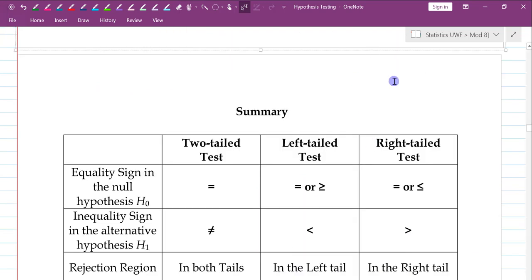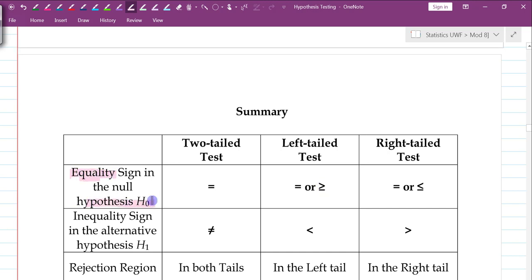So here is a summary. We have a two-tailed test. That's when we have an equality sign in the null hypothesis. For a left-tailed test, we will have an equality sign in the null hypothesis, or greater than or equal to. We have to have that equal to sign always in the null hypothesis.